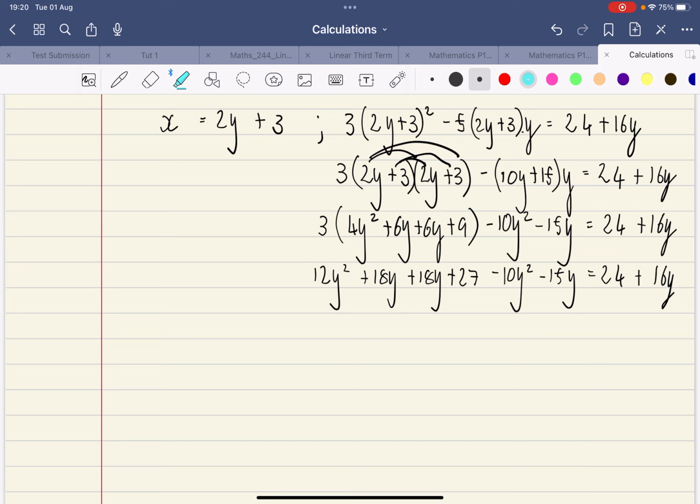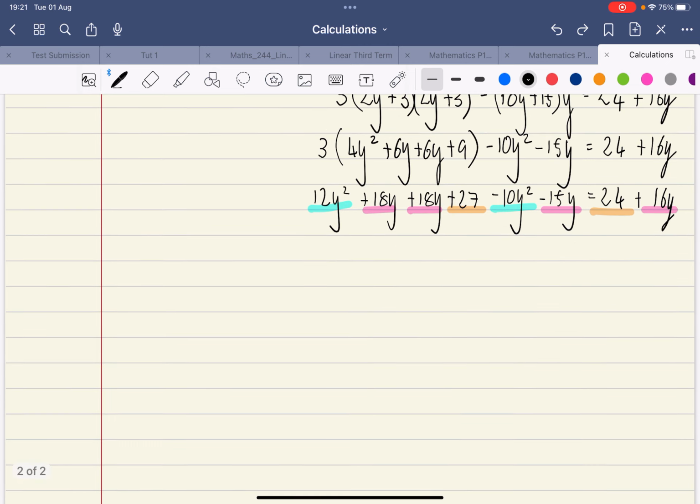Now it's just a matter of collecting terms. And remember, we still have this equal sign here. So if we ever take something to the other side, we must do its reciprocal sign or reciprocal action.